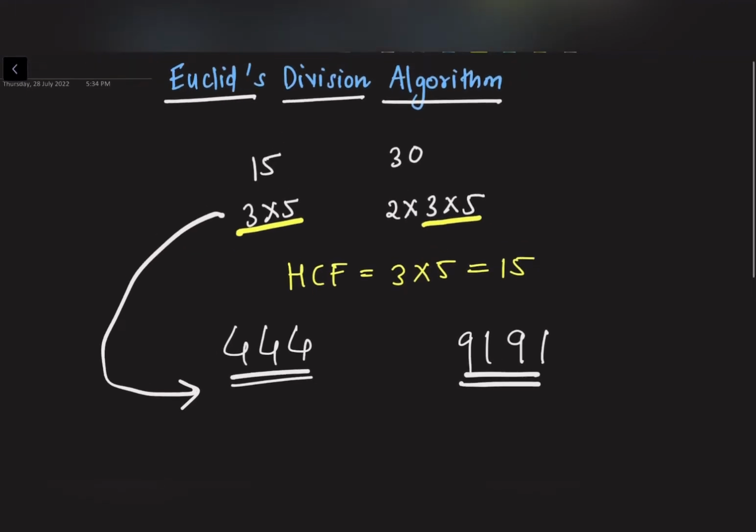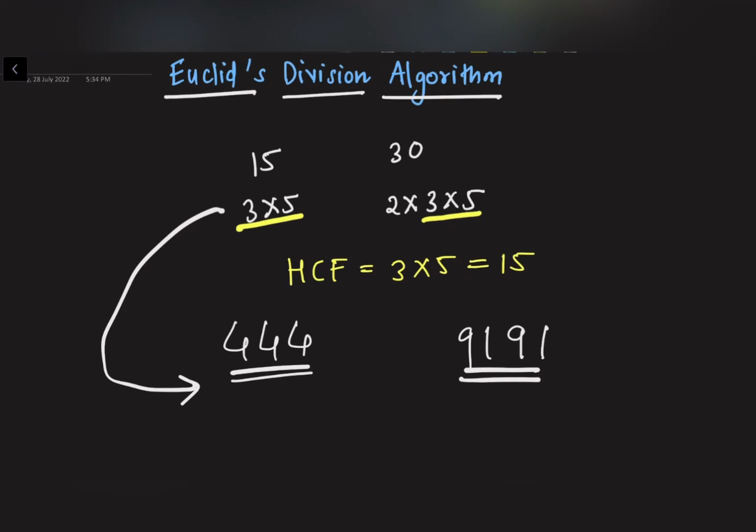Okay, we can find HCF of any numbers by using this algorithm. But it's an advantage that for bigger numbers it will not take much time. Okay, you can do it very quickly. Okay, so this was your concept of HCF.